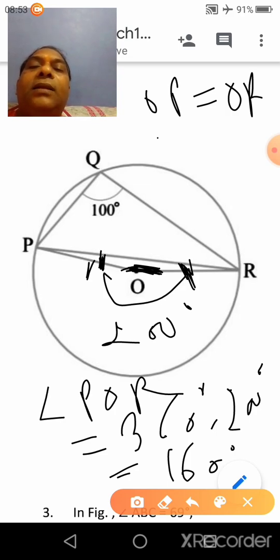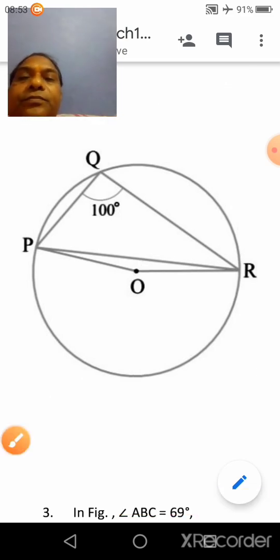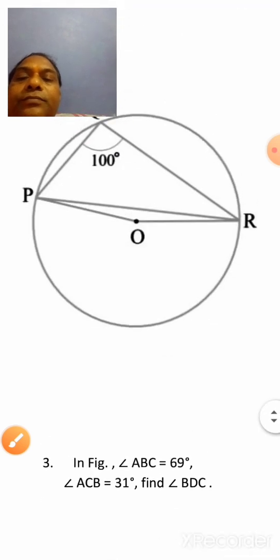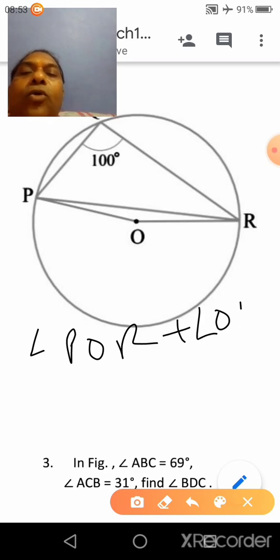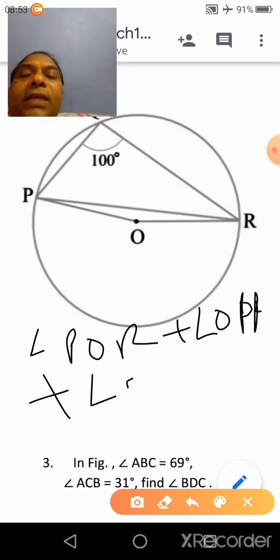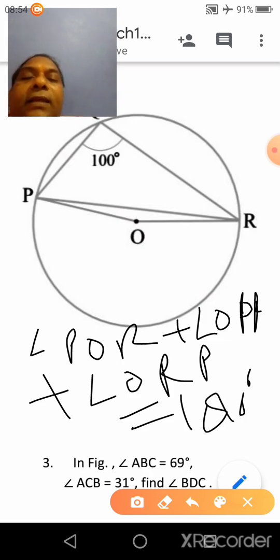Clear? Because in triangle, by angle sum property, angle POR plus angle OPR plus angle ORP is equal to 180 degree.